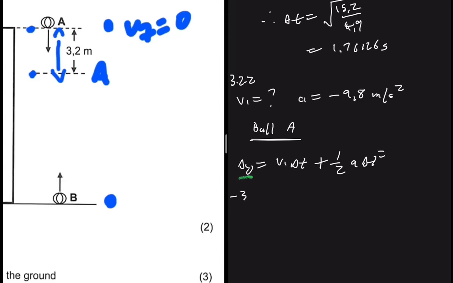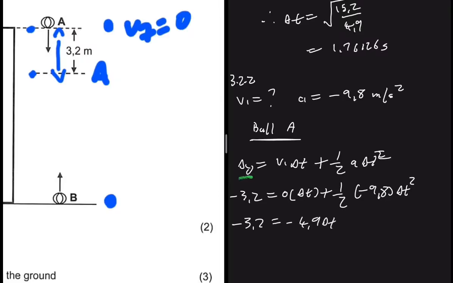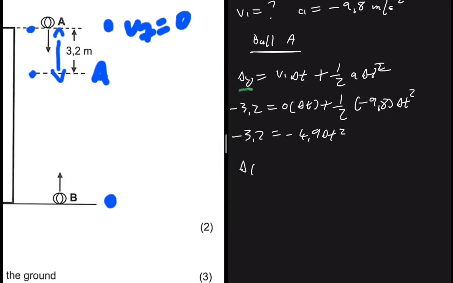So if we substitute minus 3.2, then our Vi is 0 delta t plus a half minus 9.8 delta t squared. Right. So we're going to have minus 3.2 being equal to minus 4.9 delta t squared. If we make delta t the subject of the formula, we're going to get 3.2 divided by 4.9. We know that minus and minus are going to cancel out, right? And our time will be 0.8.